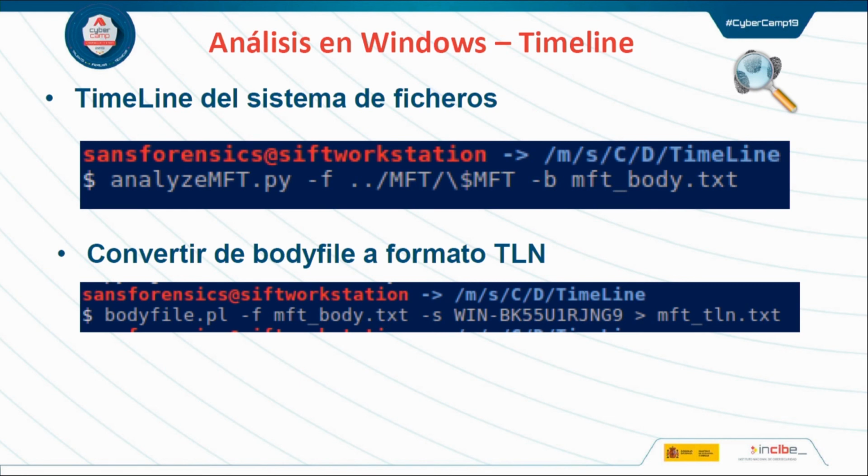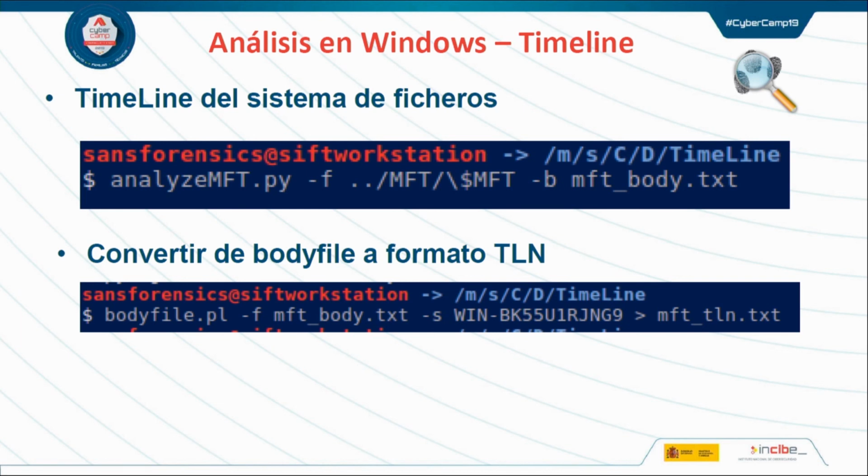In this case, body has 16 or 9 columns. Then there are different formats with 5 columns, for example. So depending on the tool that we're using, we will have a different kind of output. In this case, we're going to unify everything in TLN, and this is 5 columns.